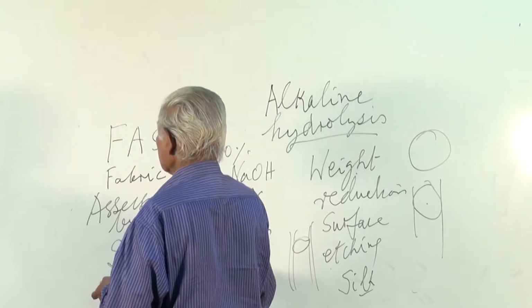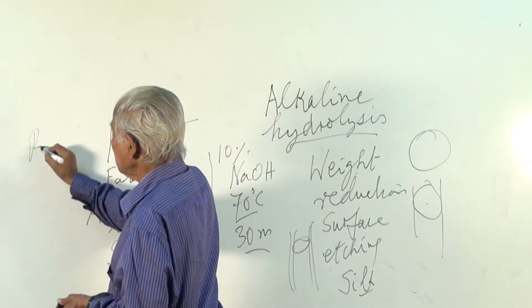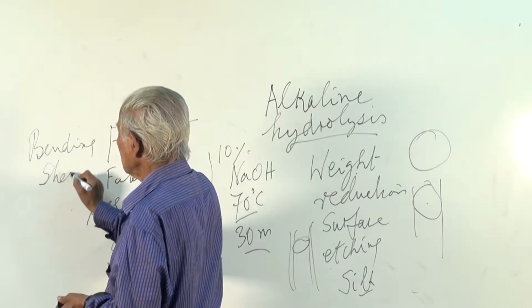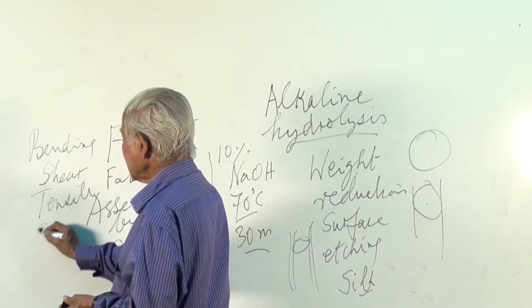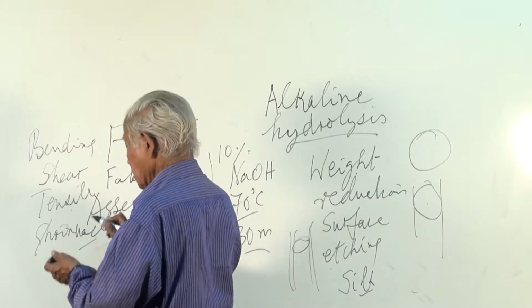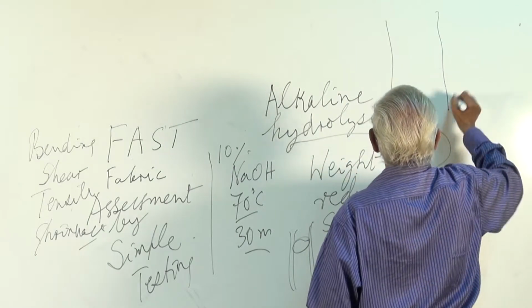Now, in this system, the fabric is tested for bending rigidity, shear, tensile, then shrinkage. And FAST also gives a chart for the garment industry.